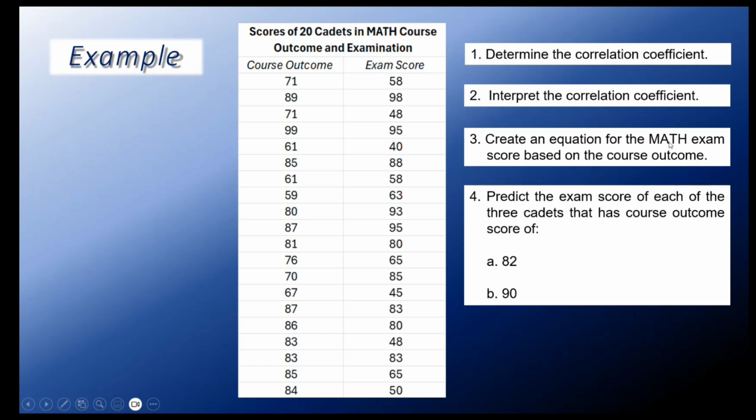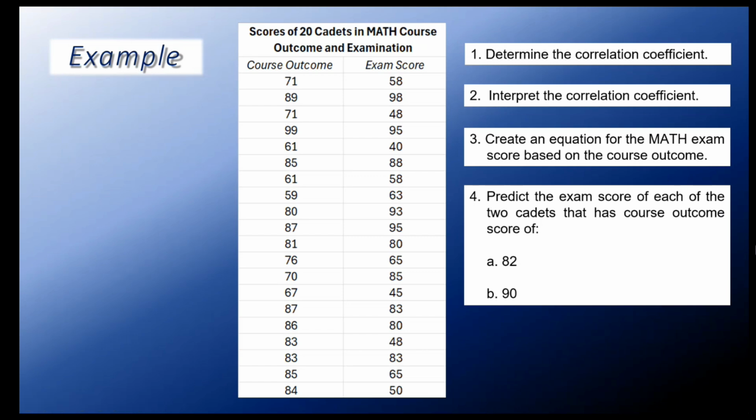Then read properly that it is said for the math exam score. So if it is for the math exam score based on the course outcome, it means that the course outcome score will be our independent variable, and therefore the math exam score will be the dependent variable.